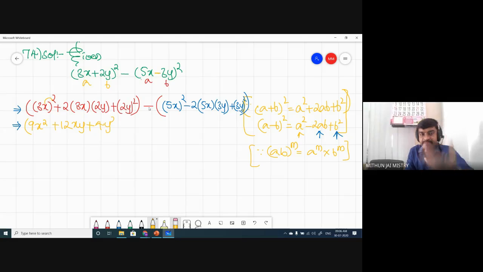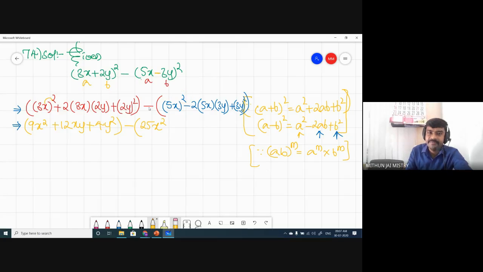So we simplified the first bracket. Then we have a minus here. So please put a minus, and don't forget to keep the bracket because minus will change every term inside. So 5 square is 25. And then we have x square. What I'm doing actually is giving the square for both the terms, since a into b whole power m is equal to a power m into b power m.